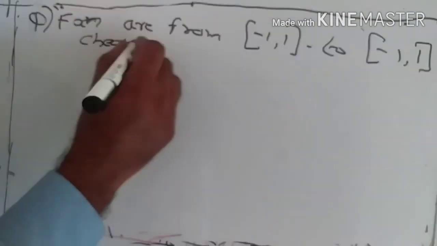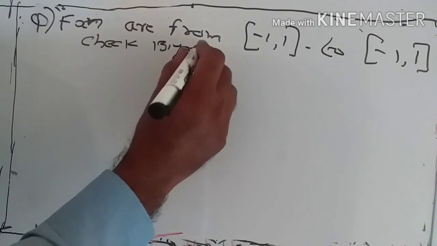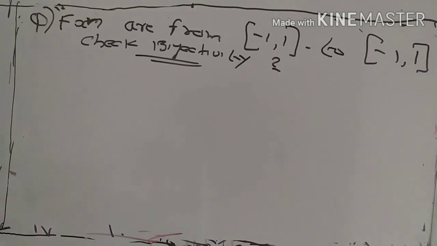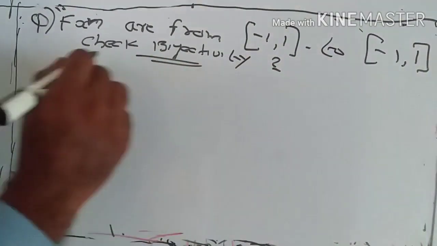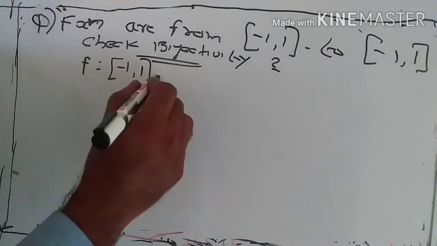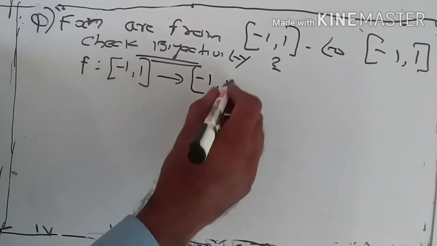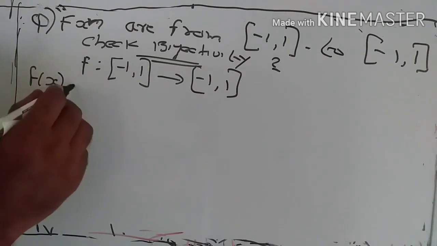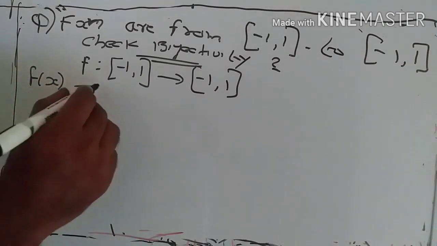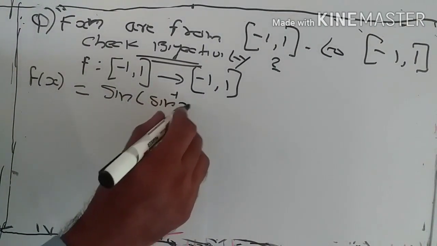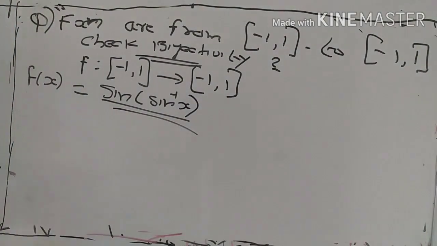Check bijectivity. The function f is given from domain -1 to 1 to codomain -1 to 1, so f of x is given as sine of sine inverse x.